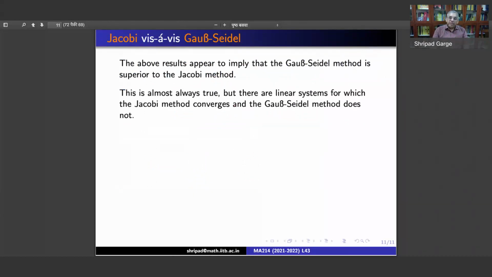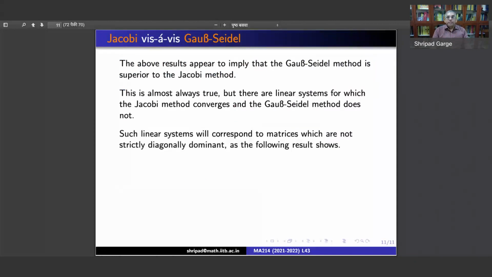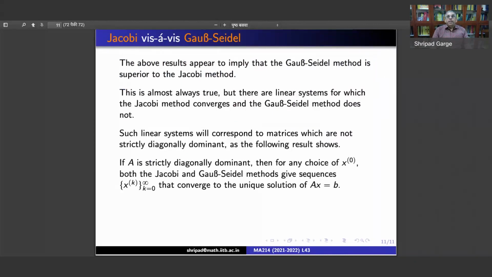But such linear systems will correspond to matrices which are not strictly diagonally dominant, because if A is strictly diagonally dominant, then for any choice of the initial vector, both Jacobi and Gauss-Seidel methods will give sequences which converge to the unique solution.